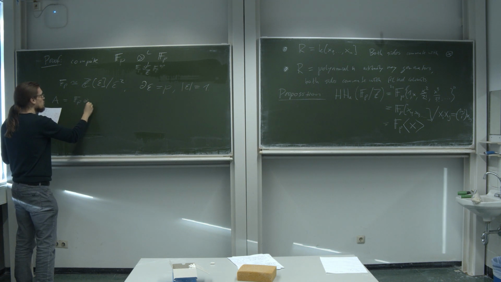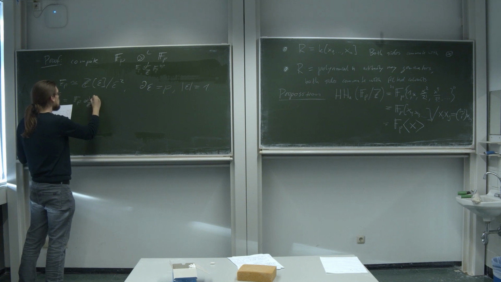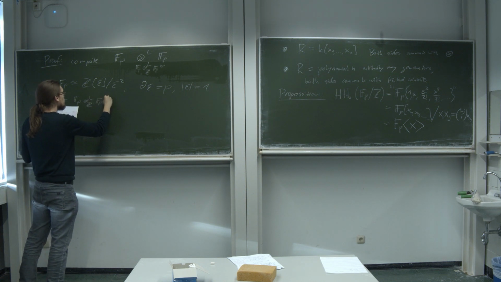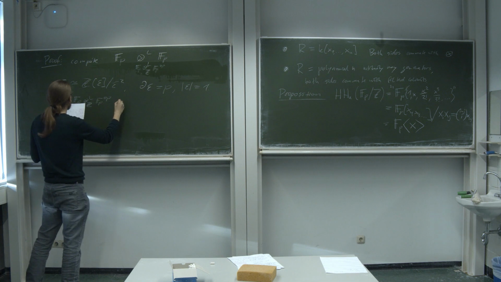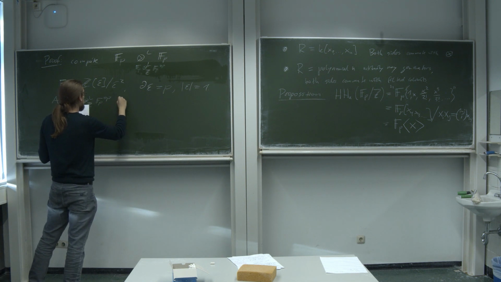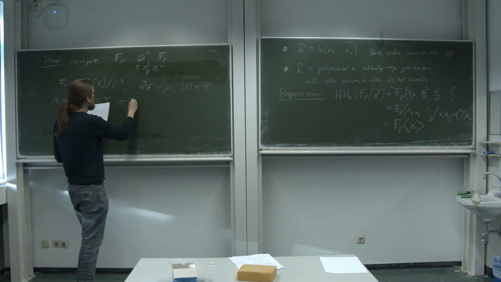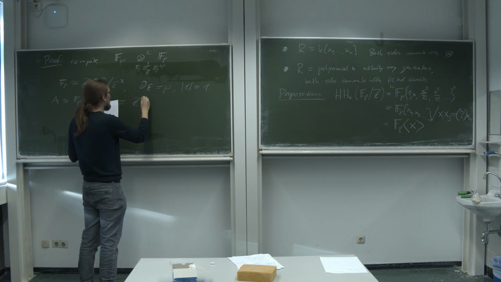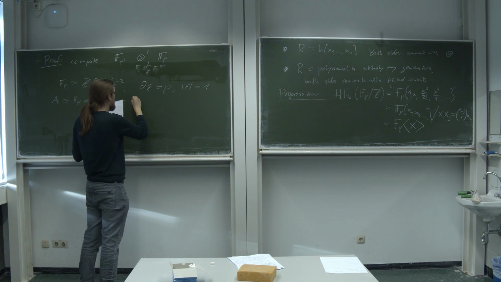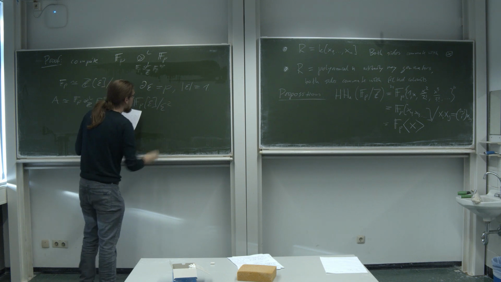And then you'll see that this tensor product, which we're going to denote A to save notational work, maybe I should write quasi-isomorphic everywhere, is really represented by Fp adjoin epsilon mod epsilon squared.